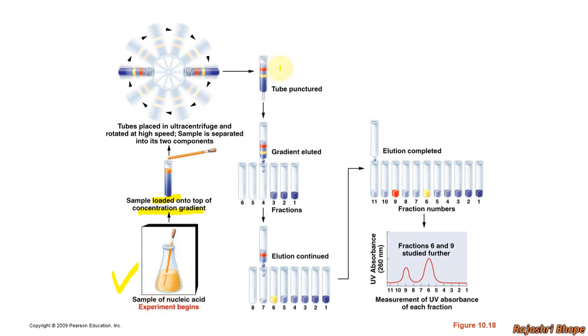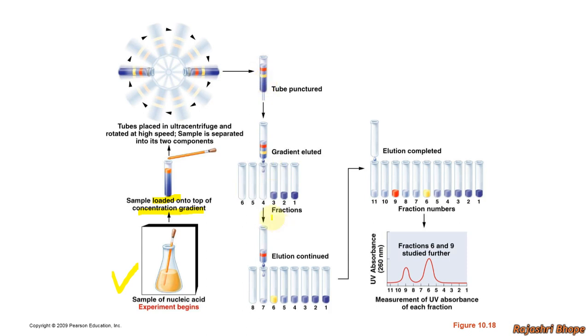Okay, you can see here two colored bands, one is red, one is yellow. These two colored bands mean this is a mixture of nucleic acids separated, because these two nucleic acid segments have different densities. So they are immobilized at the point where their density matches with the density of solution.